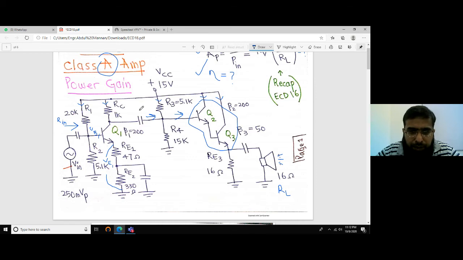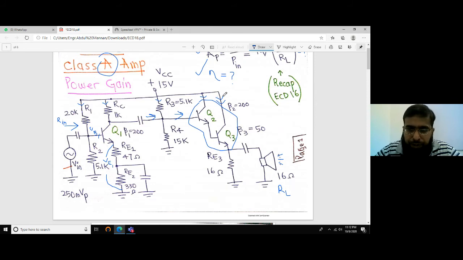But the IBs are of course insignificant. These 2 ICs are also insignificant compared to this mega IC, because that IC is approximately equal to the IE that is used to drive the loudspeaker.